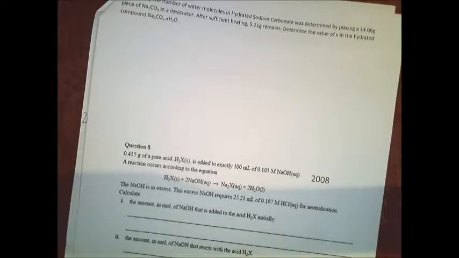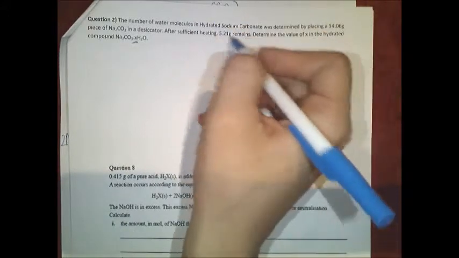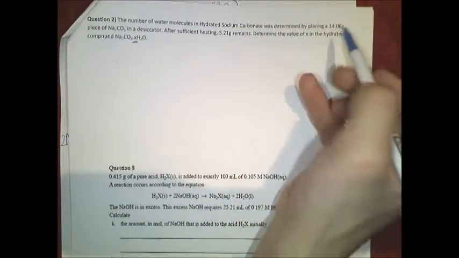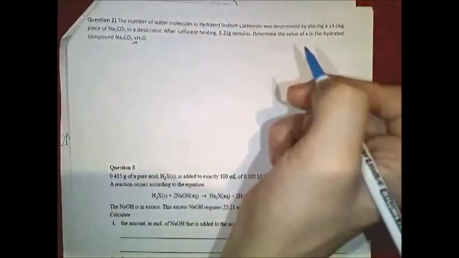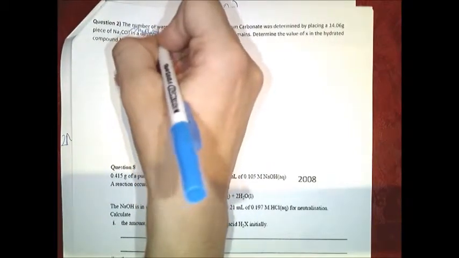Okay. So now, this question requires us to determine X. The number of water molecules in a hydrated sodium carbonate was determined by placing 14.06 grams of this hydrated compound in a desiccator.